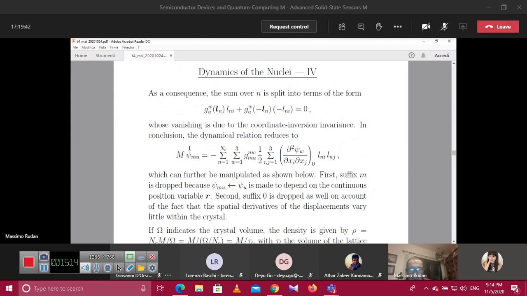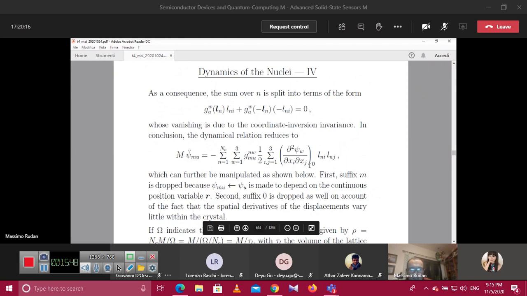Okay, so we eliminate the indices like M, that is a counter of the cell, and we replace it with a dependence on the position coordinate R that is continuous. So psi here and also at the right hand side will not depend on M anymore, but it will depend on R. Okay.